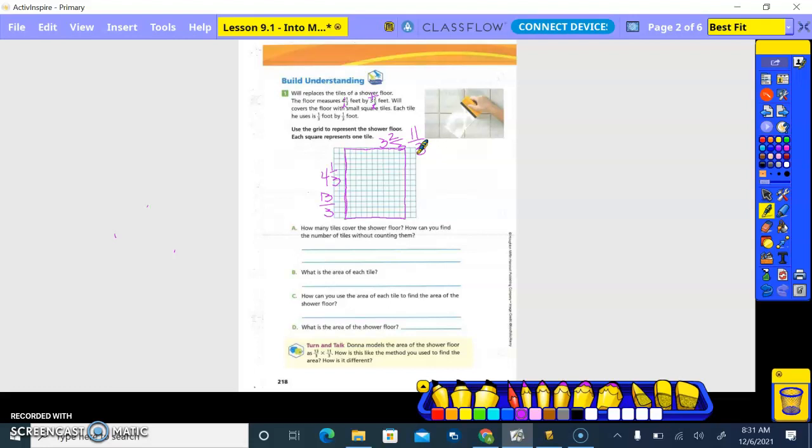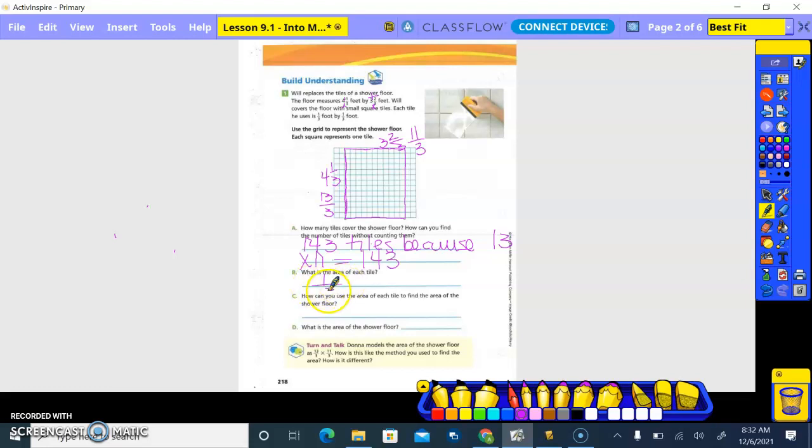143 tiles, because 13 times 11 equals 143. Okay, what is the area of each tile? So each tile is what? A 1/3 by 1/3, right?